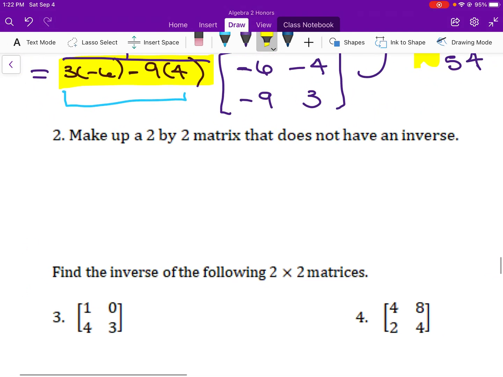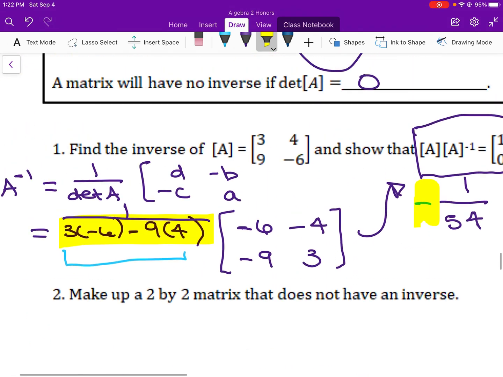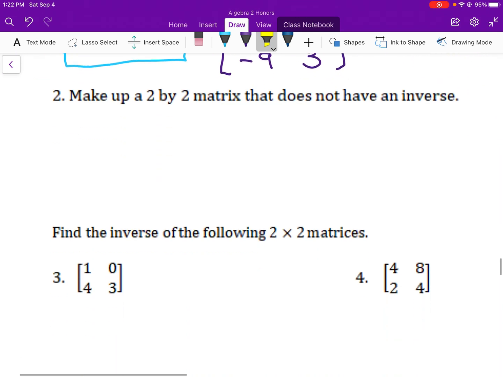So number 2, we want to make up a 2x2 matrix that does not have an inverse. This gets back to the point that, like we said here, a matrix has no inverse if its determinant is 0. So if I come up with a matrix that would have a determinant of 0, and we know that our determinant for a 2x2 is taking the cross product, maybe I just pick some numbers, 8 and 2, and I know those will multiply to make 16, minus some other 2 numbers that would multiply to make 16.